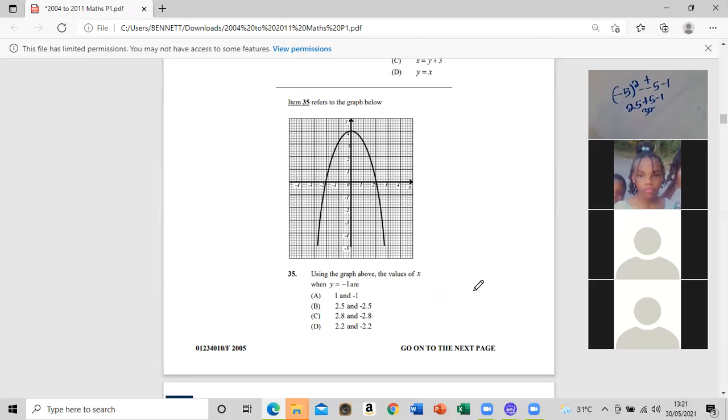Let me read back this again. Sir, it would be A. 1 and negative 1. Wait, that makes no sense. All right, this is the graph. It's the values when y equal negative 1. So y equal negative 1, you know?